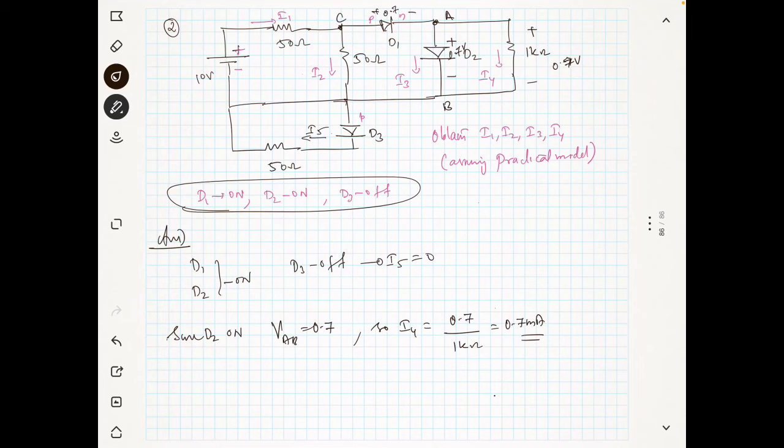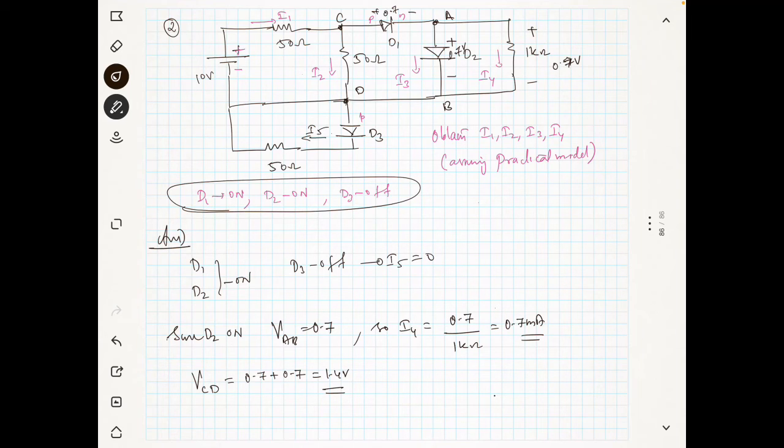So the voltage between the points C and D is nothing but 0.7 plus 0.7, which is 1.4 volt. Okay, it is 1.4 volt. Is it clear? So it is only 1.4 volt.